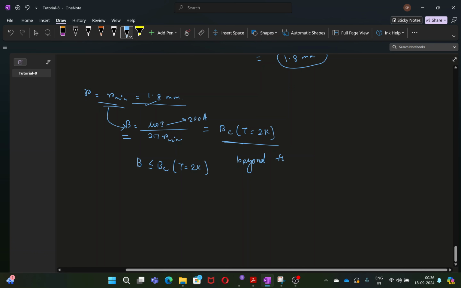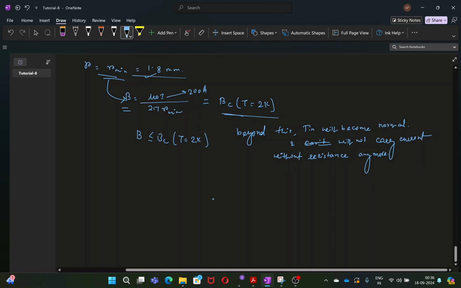beyond this, tin will become normal and will not carry current without resistance anymore.